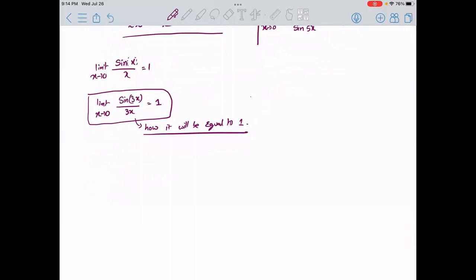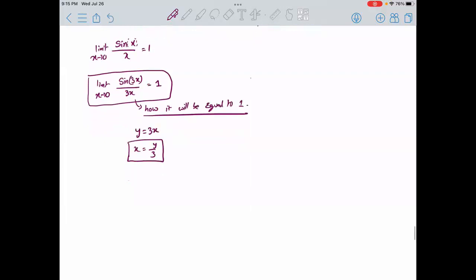Mathematically, look: if you make y equal to 3x, then x equals y by 3. Agree? So substitute. Limit x tends to 0 of sine, here in the place of x we put y by 3.